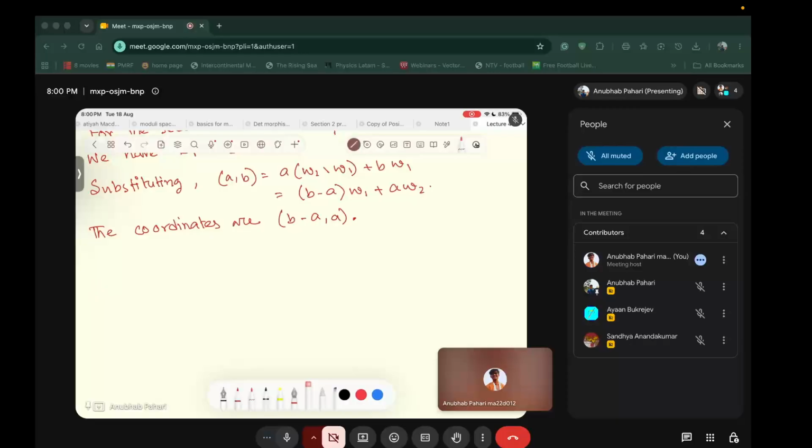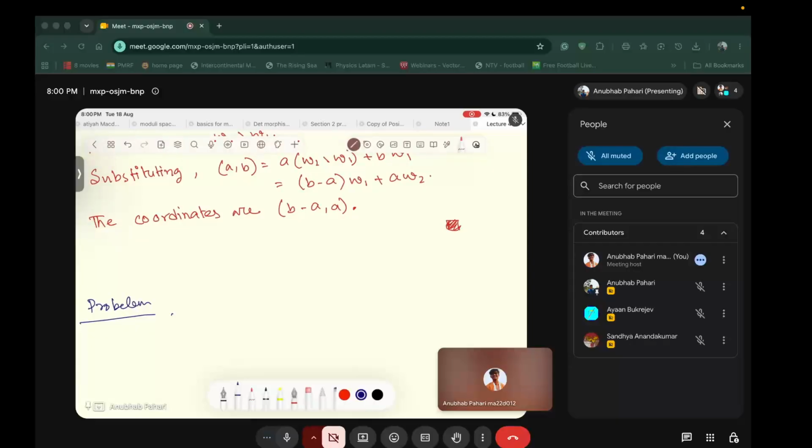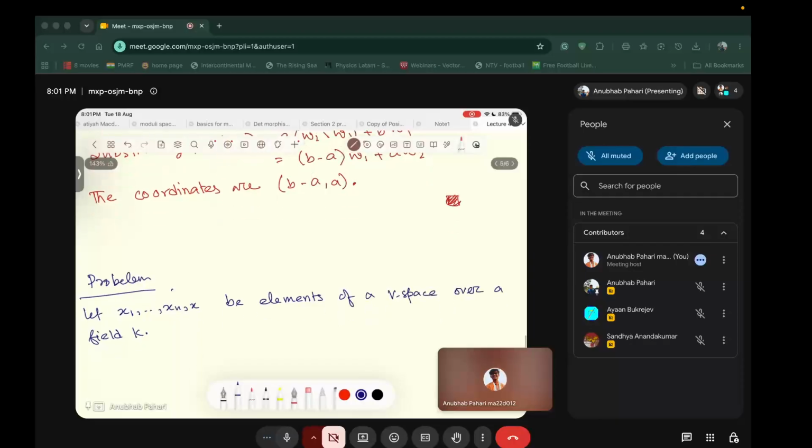Let x1 up to xn, x be elements of a vector space over a field K. Assume x1 up to xn are linearly independent.